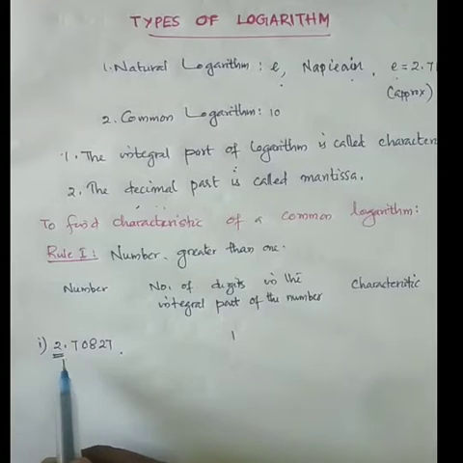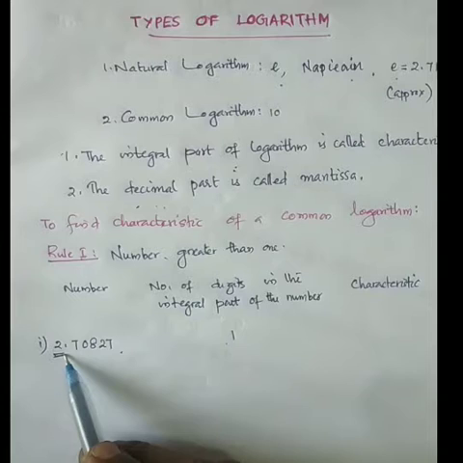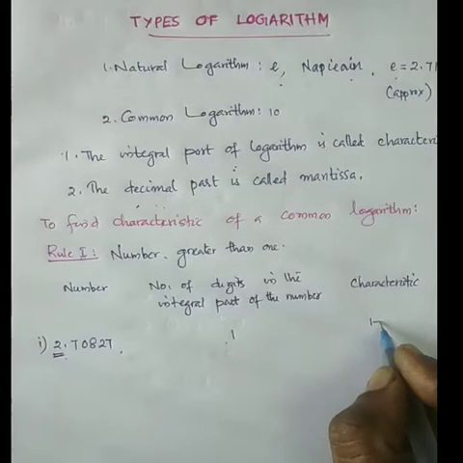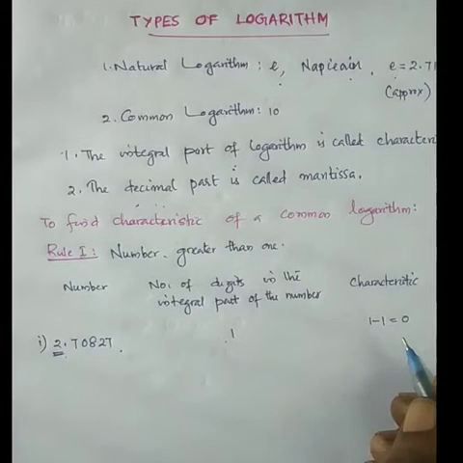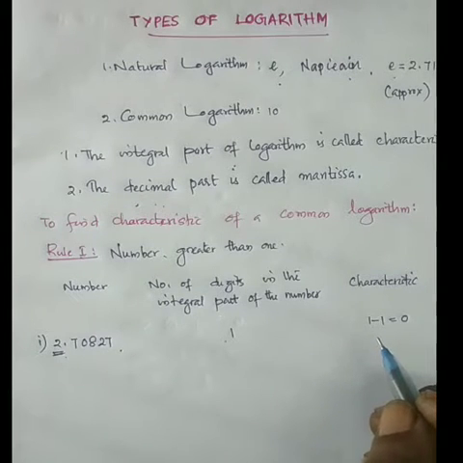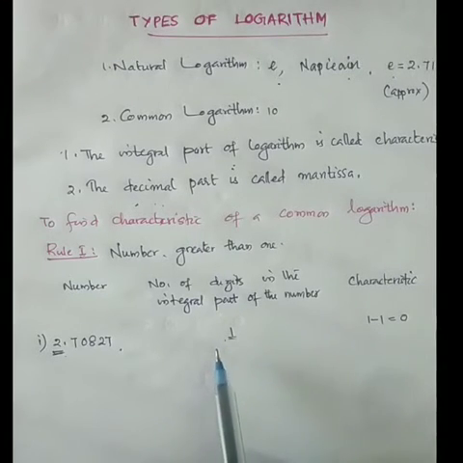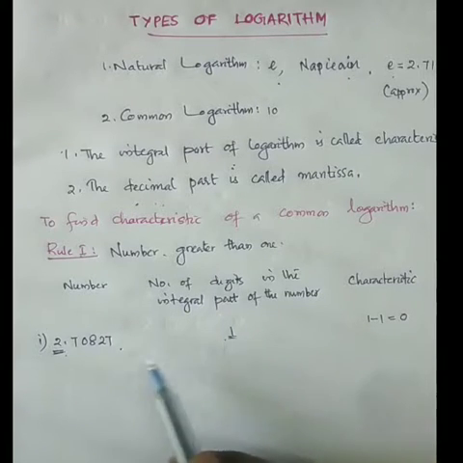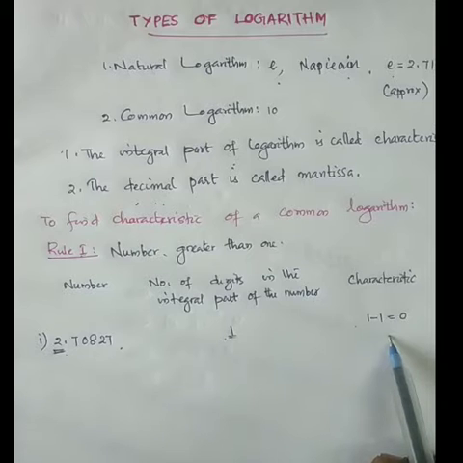So the characteristic of the number is 1 minus 1 equal to 0. We know that the characteristic of a common logarithm is a positive integer and is 1 less than the number of digits in the integral part of the number. Here the integral part consists of only one digit, so the characteristic is 1 minus 1, it is 0.